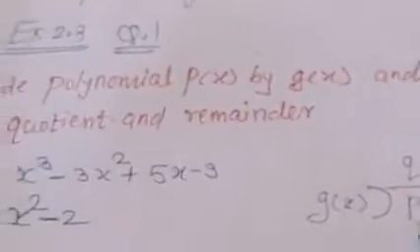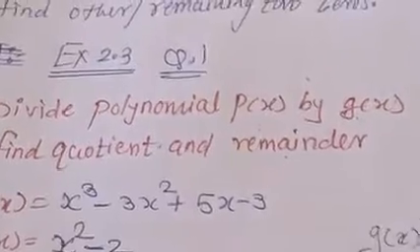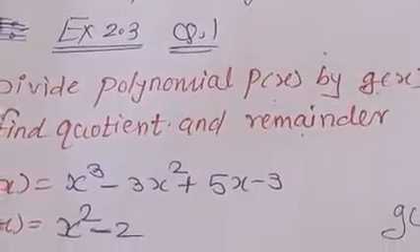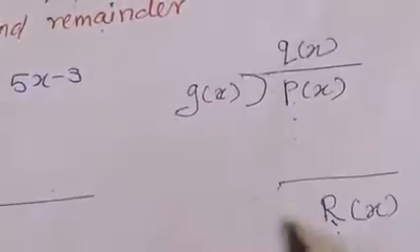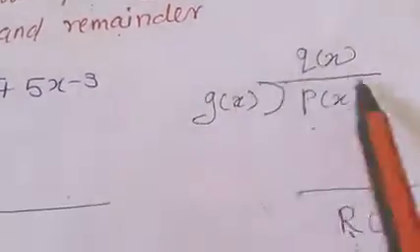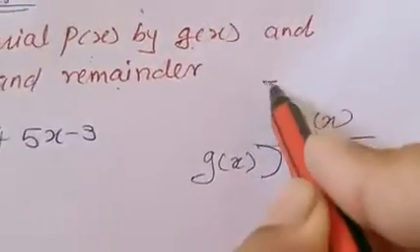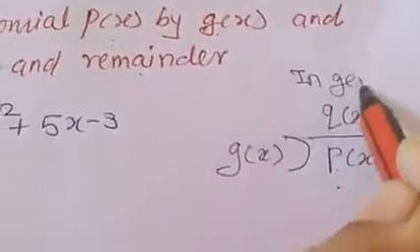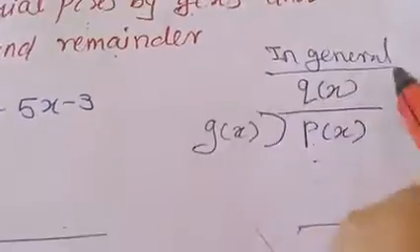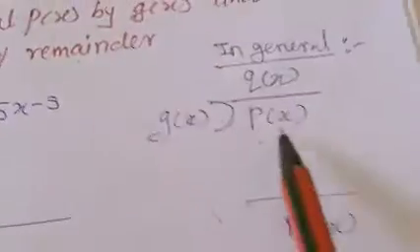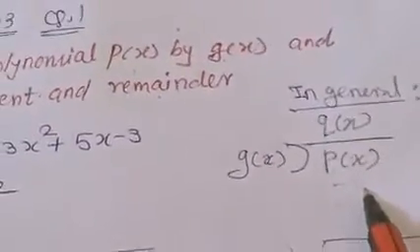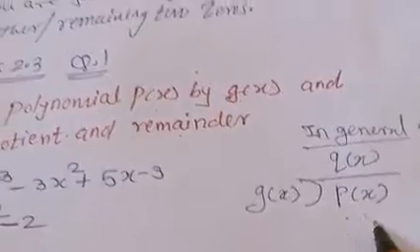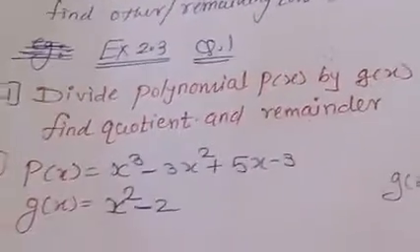It means p(x), g(x), quotient is q(x), and remainder is r(x). p(x), g(x), q(x), r(x) are fixed positions. Okay. Then you remember this in general form only. p(x) is the position here, g(x) outside, q is the quotient, and r is the remainder. This technique which we use in integers and real numbers is the same in polynomials.